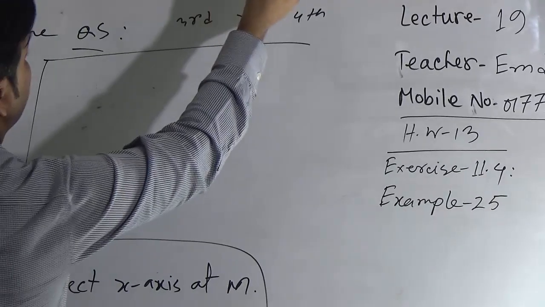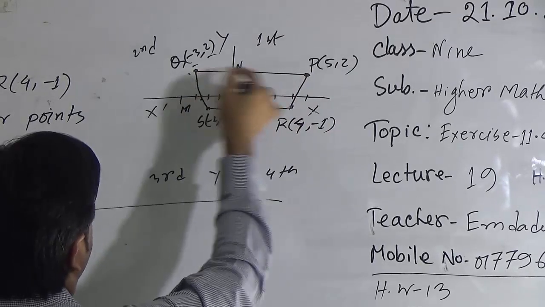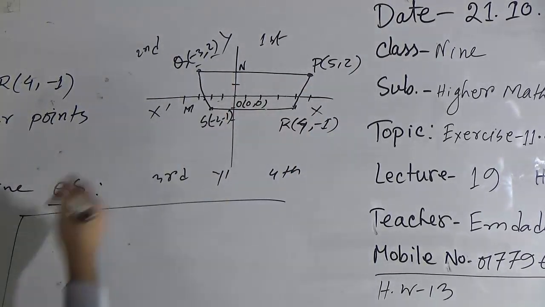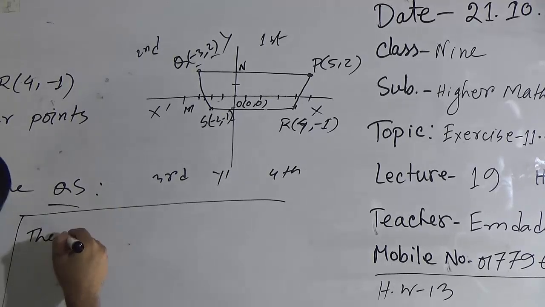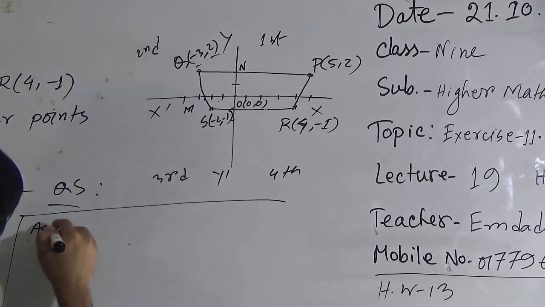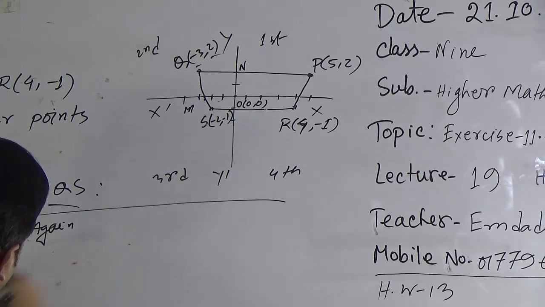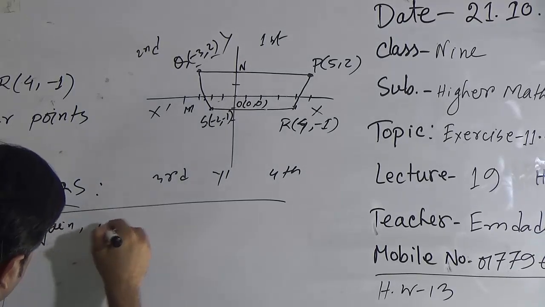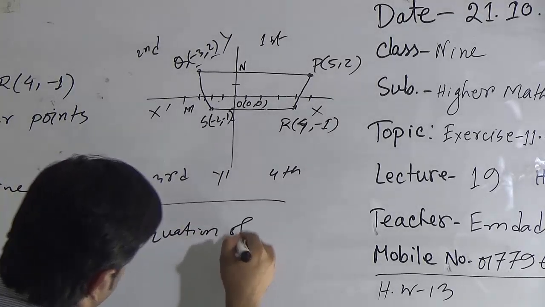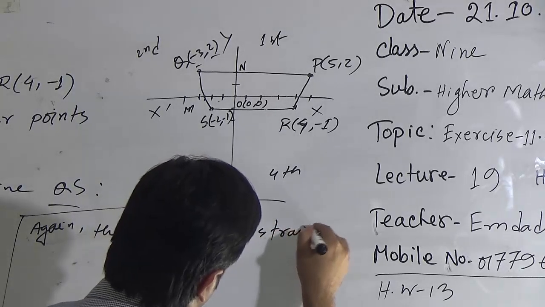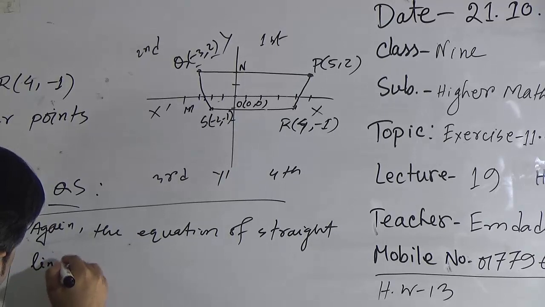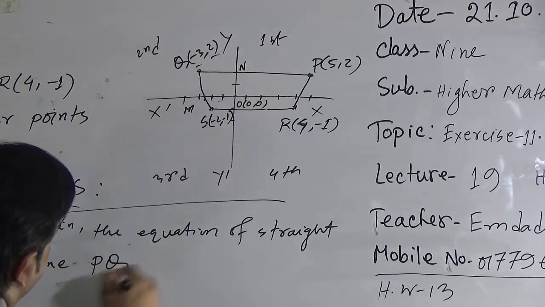How can we determine it? For this, at first we need to determine the equation of the straight line passing through PQ. Here, what will be the equation of straight line PQ?